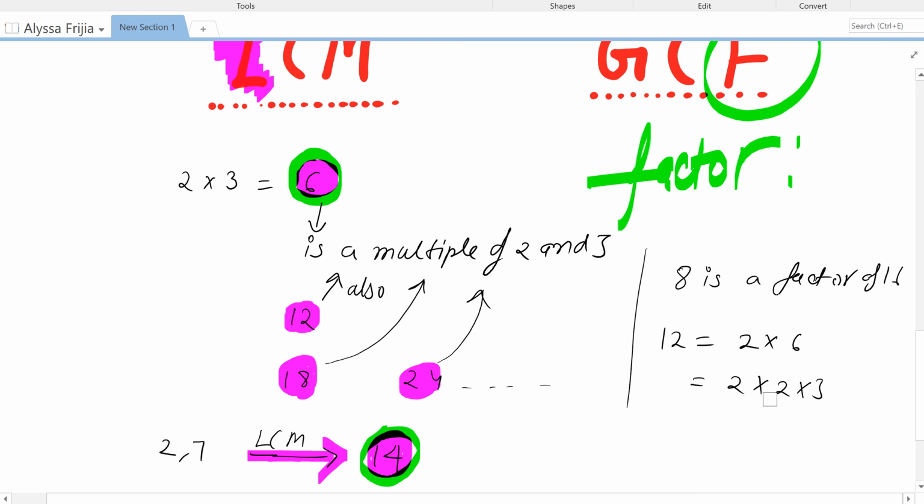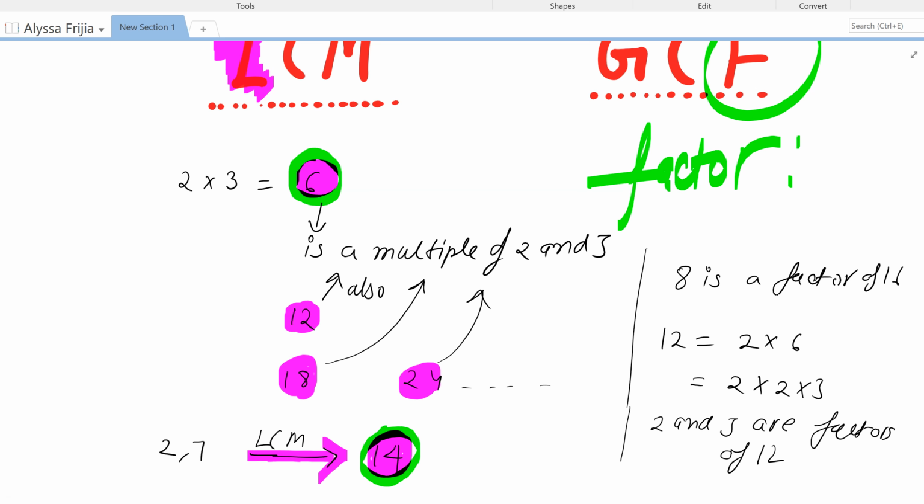That is the factorization of 12. So 2 and 3 are factors of 12. Right, these are the factors of 12.